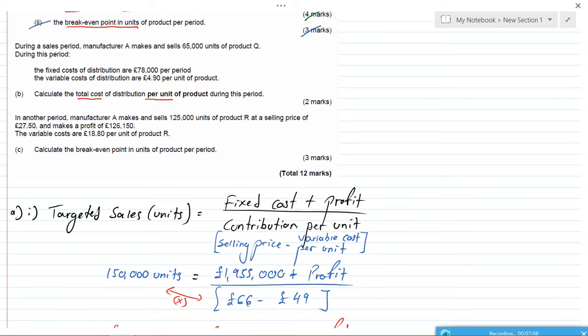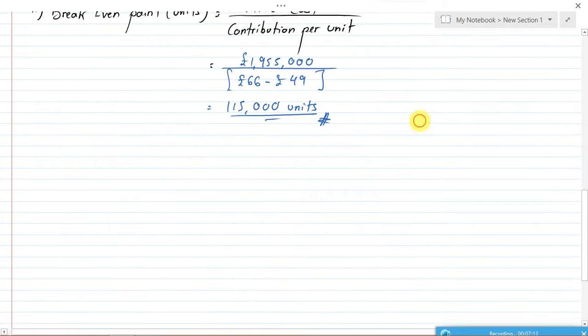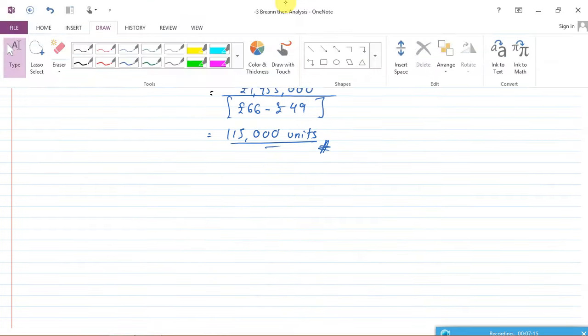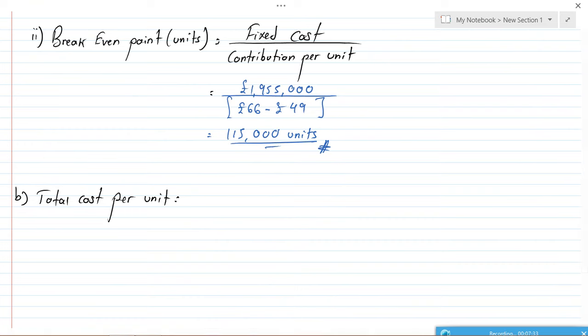So, first of all, put the formula in for the part B. They want total cost per unit. So please alter the formula a bit. Normally we put it as total cost, but over here it's going to be total cost per unit.